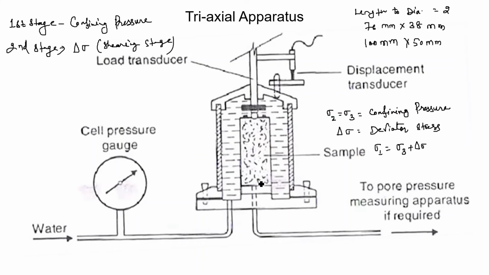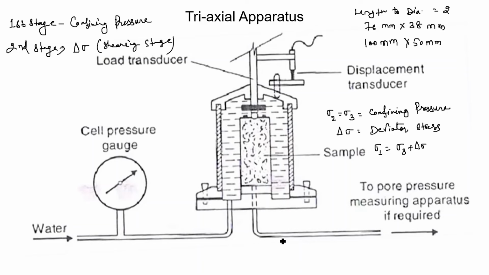So if consolidation takes place, we know that with time the pore water pressure dissipates. So at the end of consolidation the pore water pressure becomes zero, and this drainage path is kept closed.